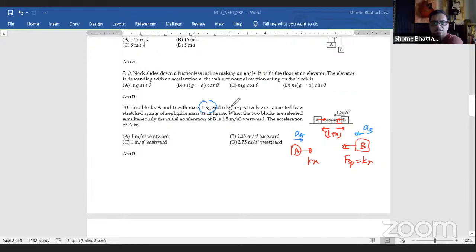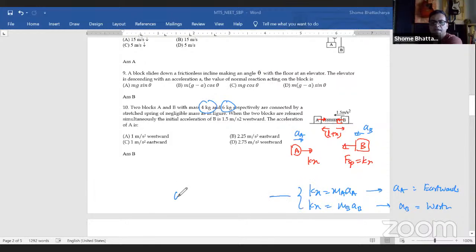Okay. So their masses are given to us. So kx is equal to ma into acceleration of A, and kx on the other side is also equal to mb into acceleration of B. Okay, but you can see here that acceleration of A is eastwards, acceleration of B is westwards. Okay, so now you just connect these two equations.